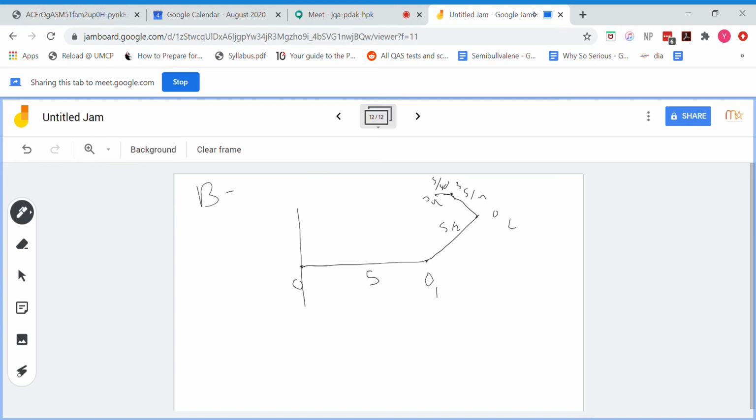Let's look at the x value of the coordinate. It starts at O, then you add 5, then you add 5 halves times cosine 60, then you add 5/4 times cosine 120, then you add 5/8 times cosine 180.